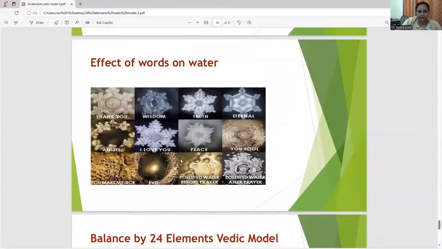If you want to listen, just search for the effects of words on water, and you can find much scientific research on what kind of words we are using and how the body gets changed. But it's done on the water element. So we use a positive affirmation water, and that creates positive energy in the water, and if you drink the same water, it helps to shift your mind. So it makes the procedure easy.